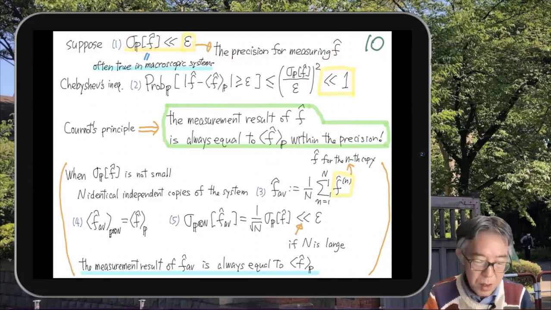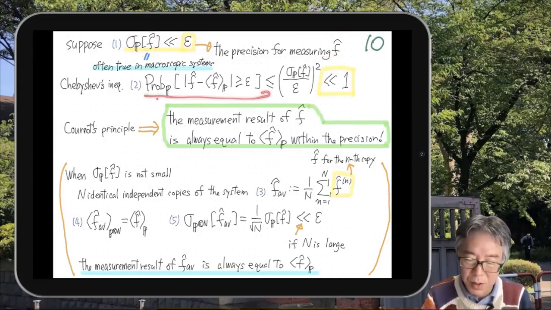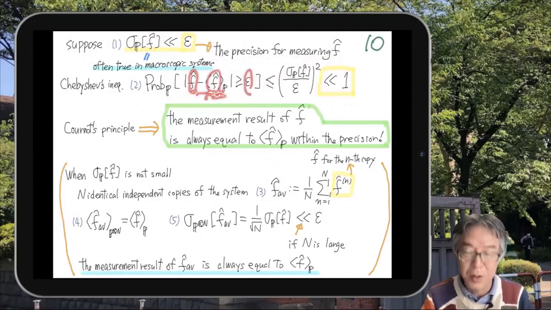Then Chebyshev's inequality tells you that this probability is less than this, and this tells you that this is much less than 1. So we see that the probability of this event is very small. And what is this event? Well, this says that the measurement result of f differs from the expectation value by more than epsilon.